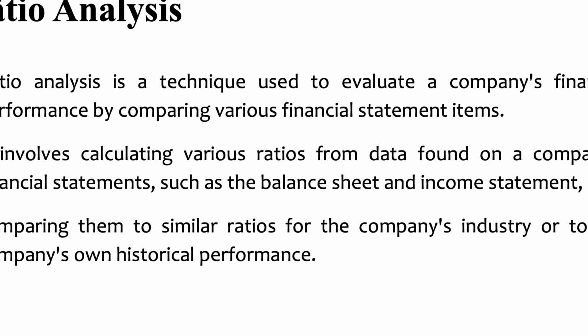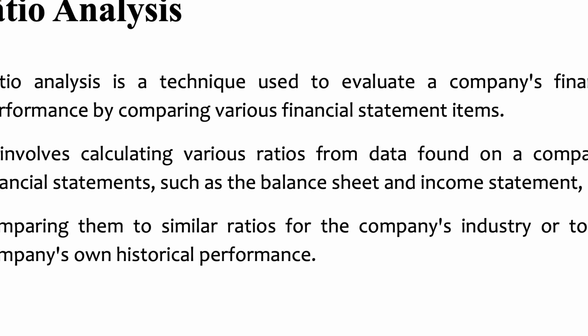And when you take this data computation, you compare them to similar ratios for other companies in the industry, so that you'll be able to compare the performance of the company against other companies in the industry, or better still, to be able to compare the company's historical performance over time.